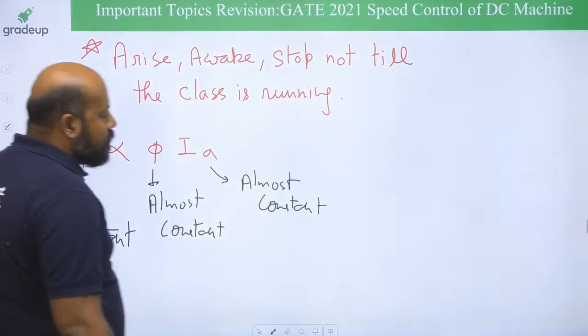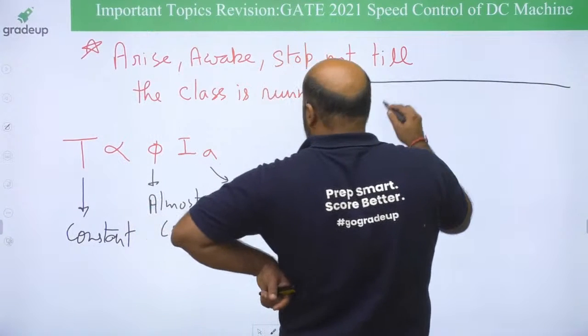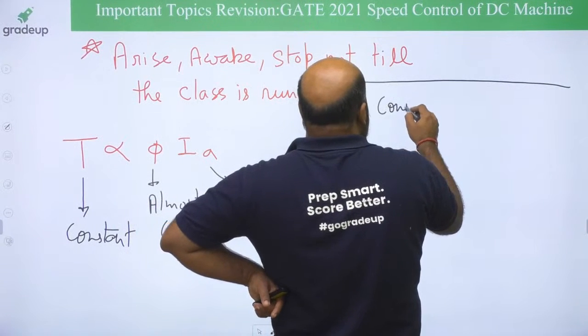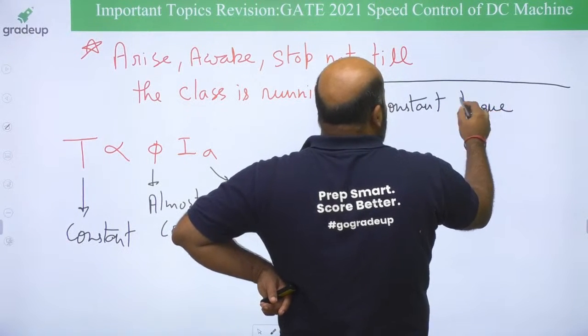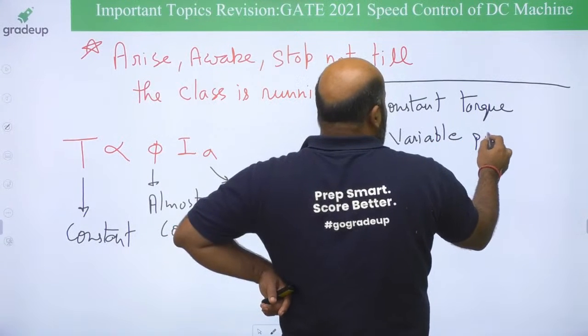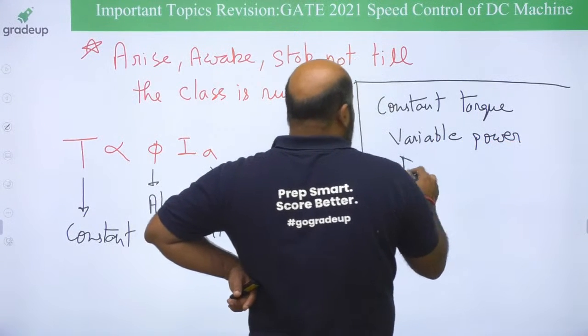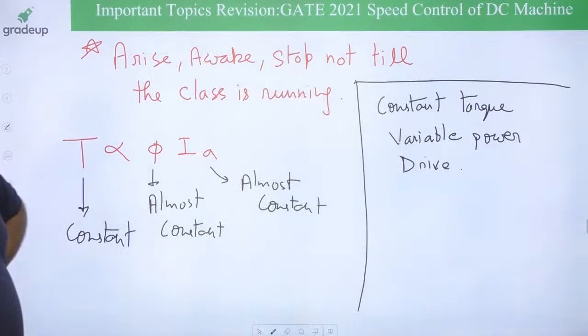It means this method you are going to use for constant torque, variable power drive. Constant torque, variable power drive. Everybody just tell me, are you getting this clear in your mind? Are you getting this or not?